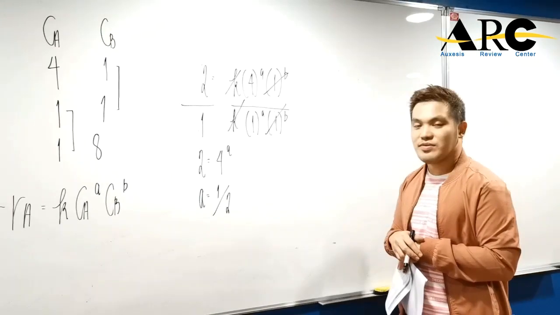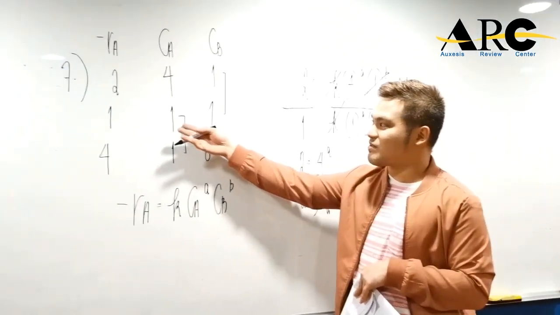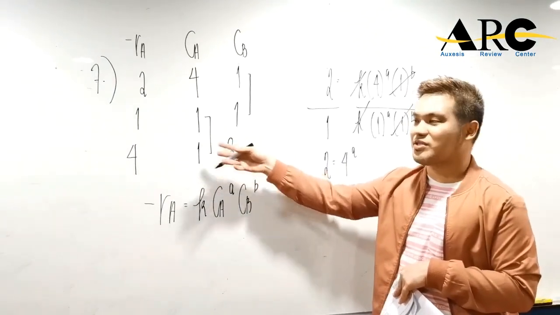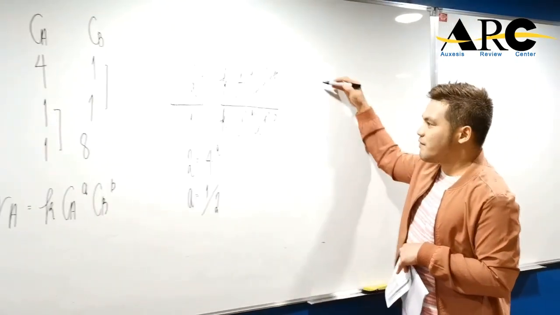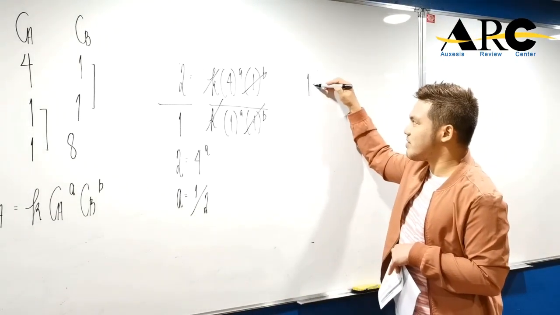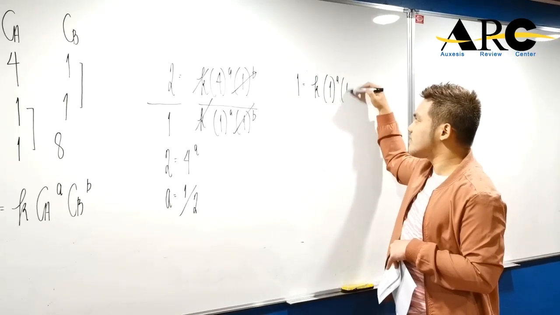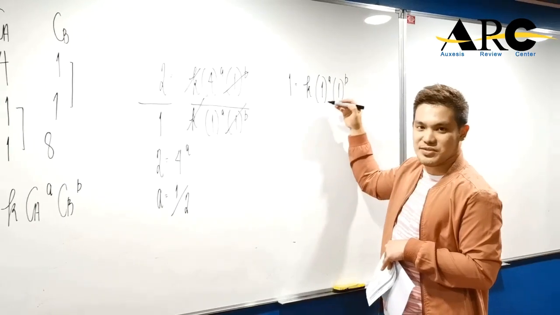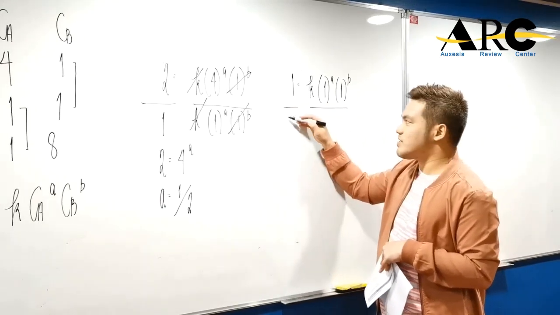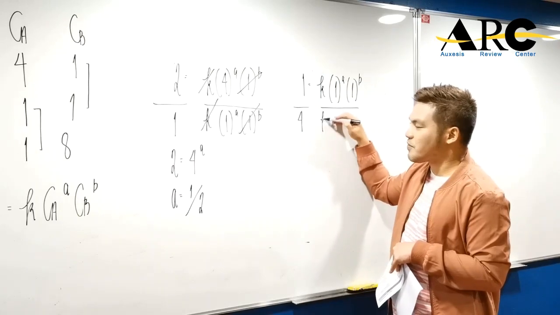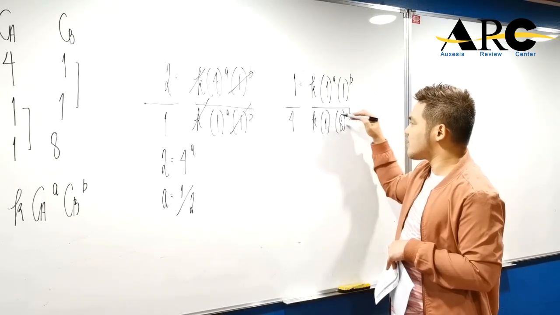So, how about order B? Nakita naman natin parehas yung CA is second and third condition. So, try natin yan i-divide. So, for second condition, if negative RA is 1, ang CA natin is 1, ang CB natin is also 1. So, sa third condition, once na ang negative RA is 4, ang CA is 1, ang CB is 8.